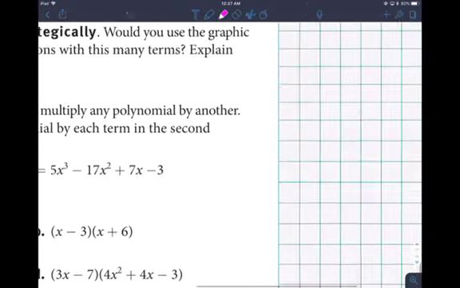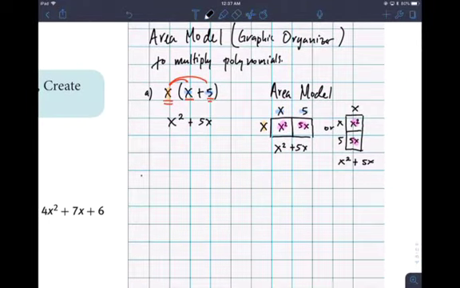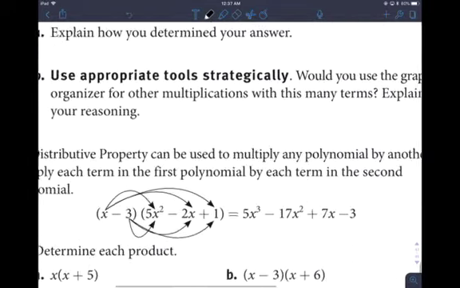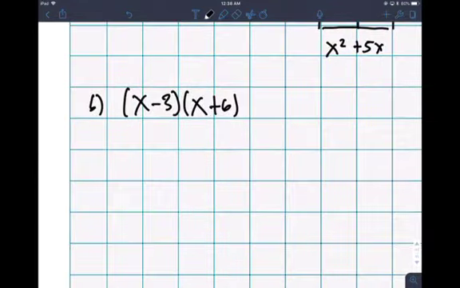So example B, it says x minus 3 times x plus 6. And again, I'm going to use the area model for all of them now. So notice how I set up my box.